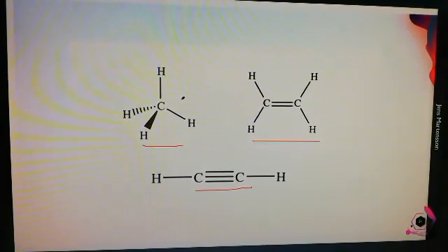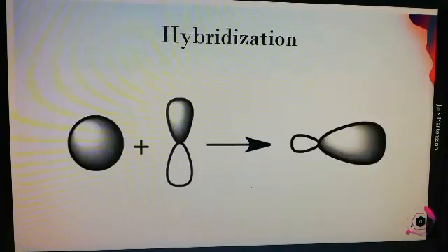So meron tayong tinatawag na hybrid orbitals. So para maintindihan natin yung hybrid orbitals, let's have the concept called hybridization. So if you take any orbital, in this case we have the s orbital, diba, sphere, and the dumbbell na p orbital, and we put them together, we fuse them together, so magkakaroon tayo ng tinatawag na hybrid orbitals.